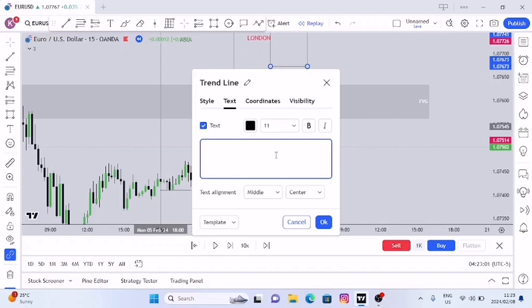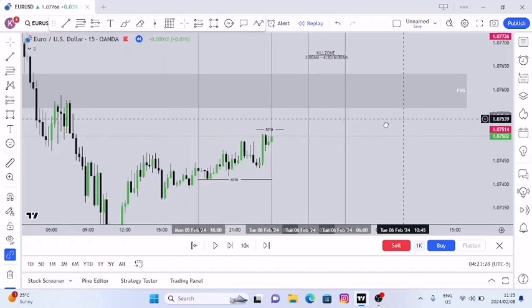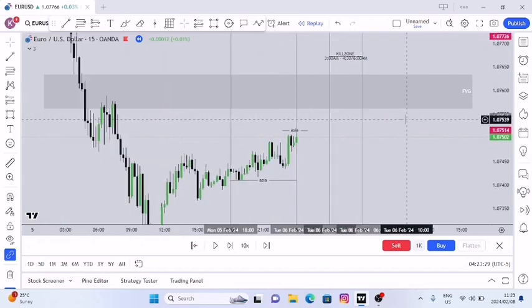So we'll mark this out as our kill zone, 3 a.m. to 4:30. So this right here, this is our kill zone. This is where we want to be in, right?